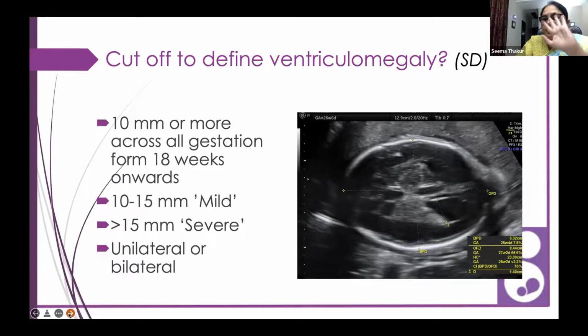As long as it is within 10, it is not asymmetric ventriculomegaly. One of them has to be dilated for me to call it ventriculomegaly, and then I can look at it, whether there is confusion and the difference is just 2 millimeters. Yes, one has to be more than 10 millimeter.